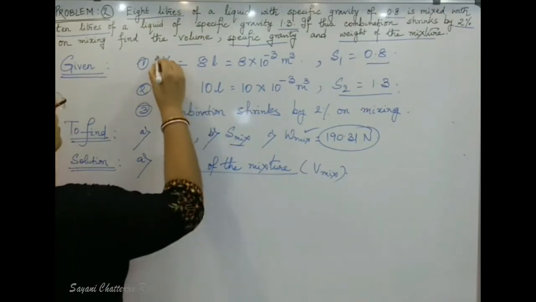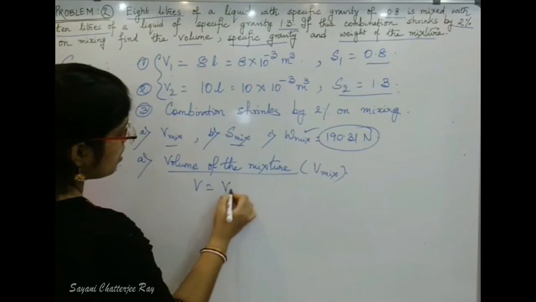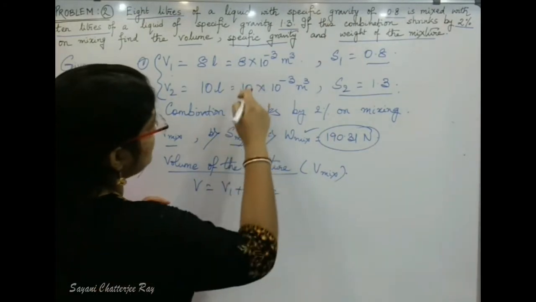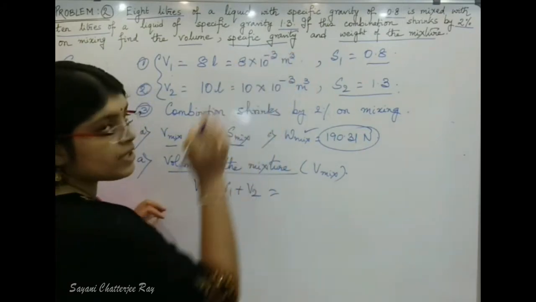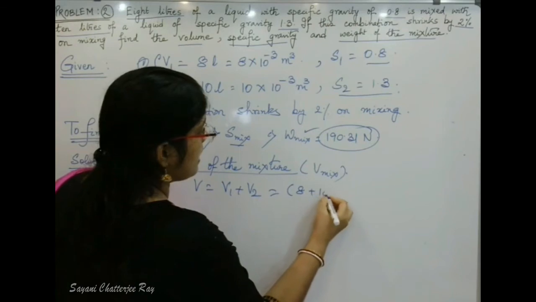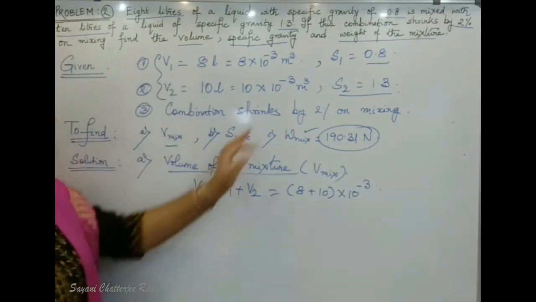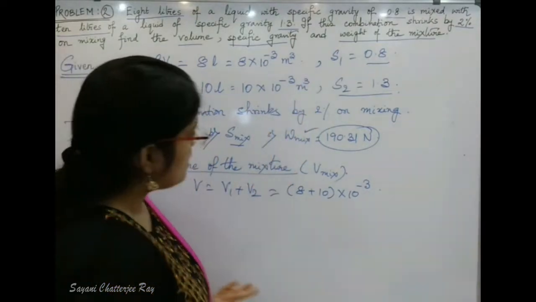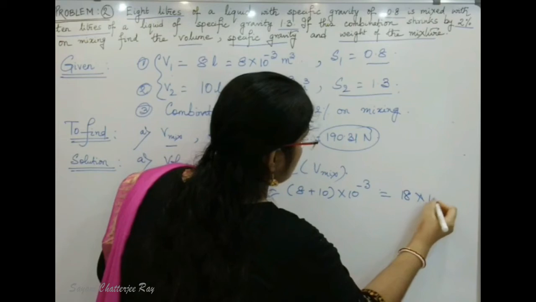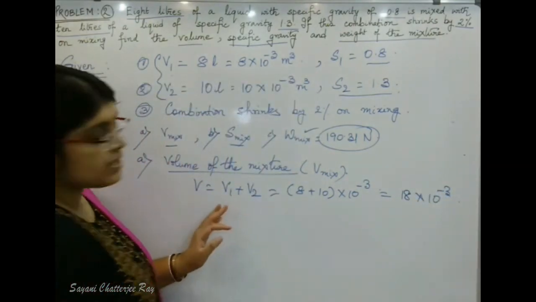V equals V1 plus V2, which is equal to 8 plus 10 multiplied by 10 to the power minus 3. I have taken 10 to the power minus 3 common. So 8 plus 10 is 18 into 10 to the power minus 3. What is the unit? The unit is meter cube.